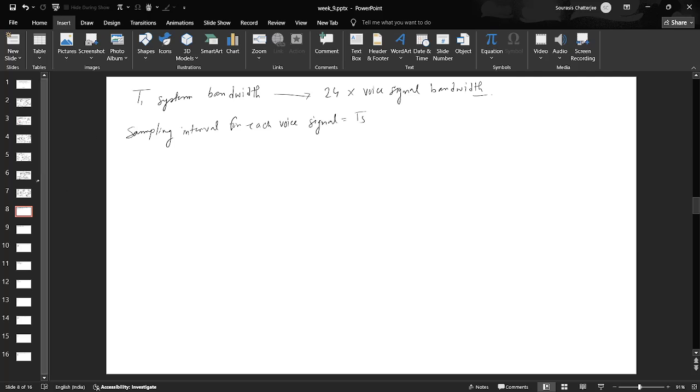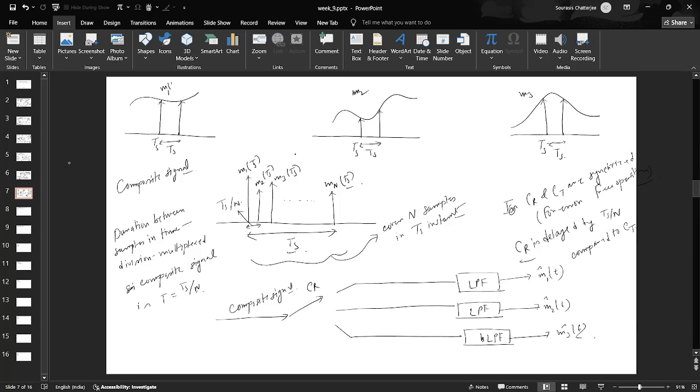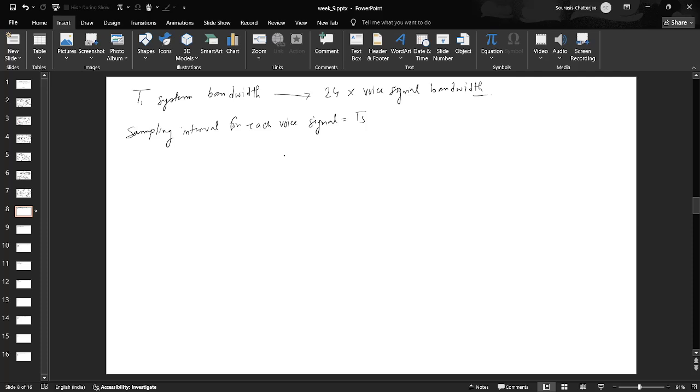If I draw the analogy here for any random signal, let's call it Ts. Now we have to find the voice signal frequency range. No matter what kind of voice signal it is, it's going to be between 300 Hz to 3.1 kilohertz.